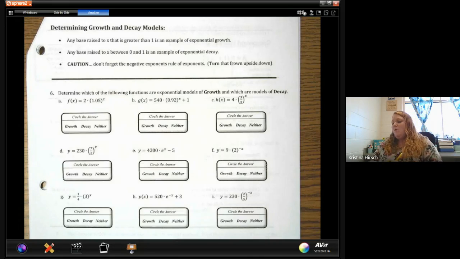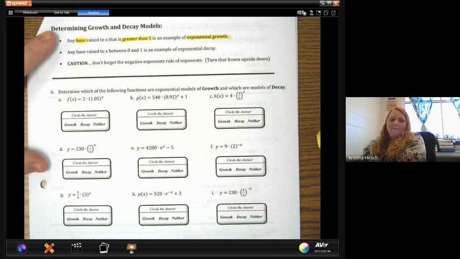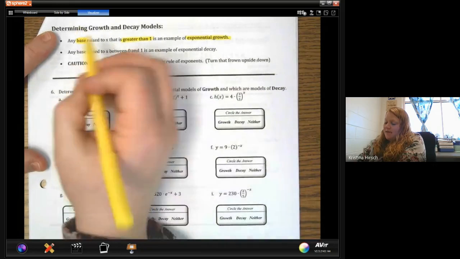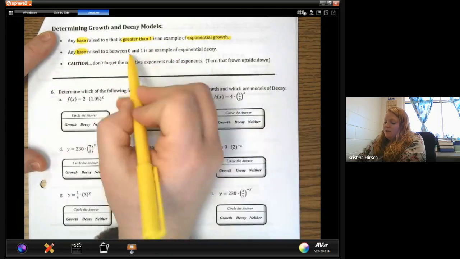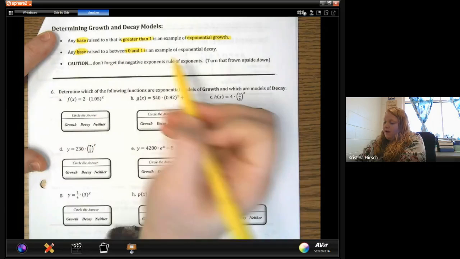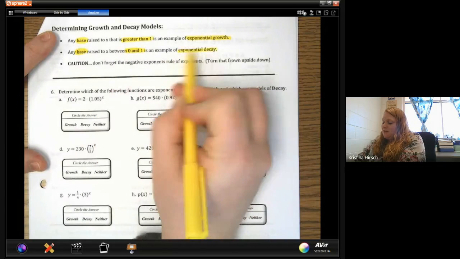All right, so what you need to understand when you look at these different models is any base that is raised to x, if the base is greater than 1, then that's an example of exponential growth. And if you have a base value that is between 0 and 1, so really less than 1, then you're going to have exponential decay.